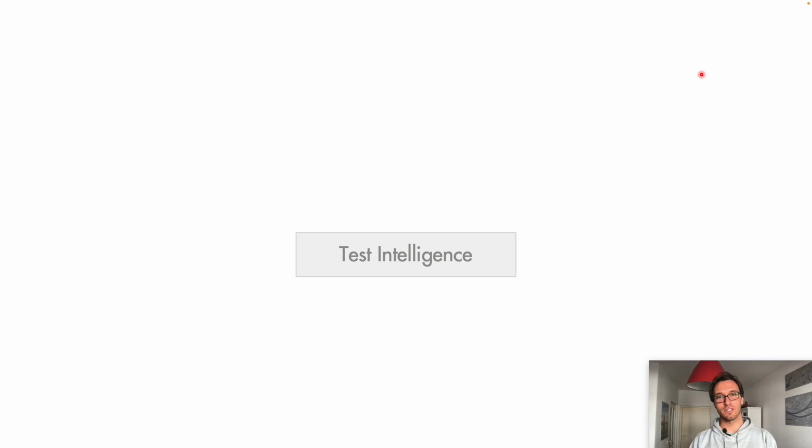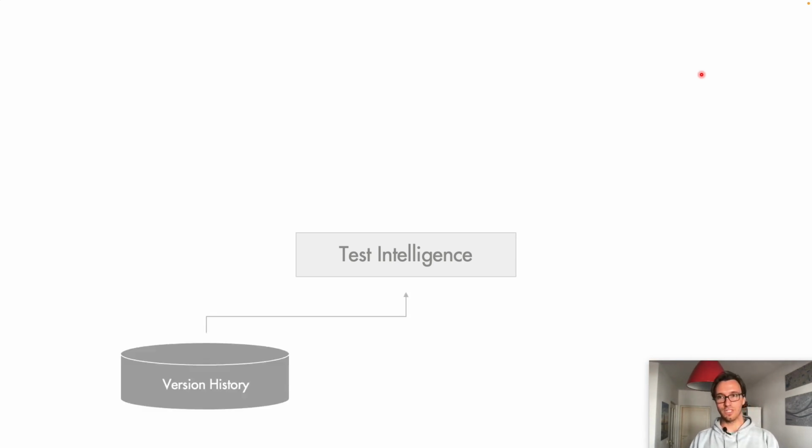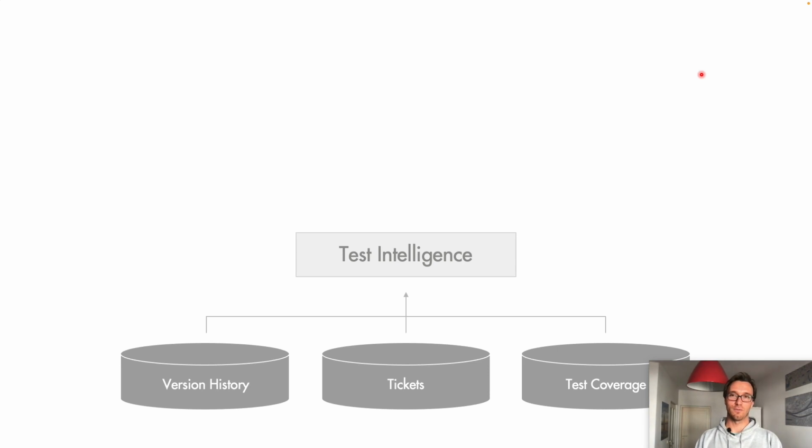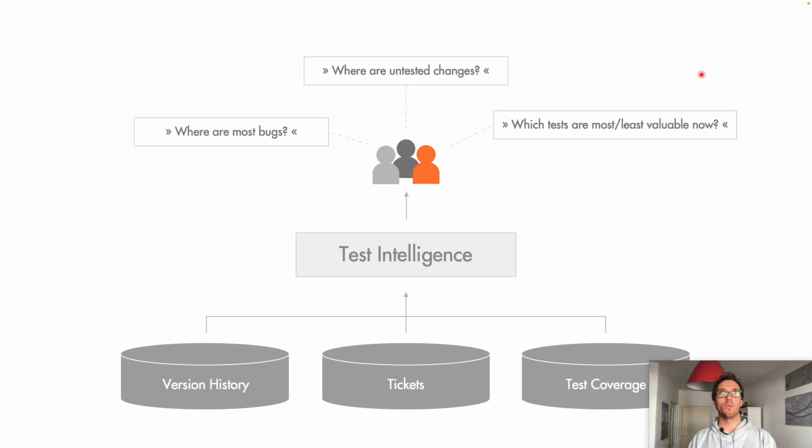Today, we will focus on analyses and visualization of those, using the version history from the version control system, tickets from the bug trackers or issue trackers, and test coverage from your test runs. Questions that can be answered from analyses within test intelligence are usually asked by testers or test managers and go in the direction of: where are untested changes, because it is most likely that bugs occur there in production?